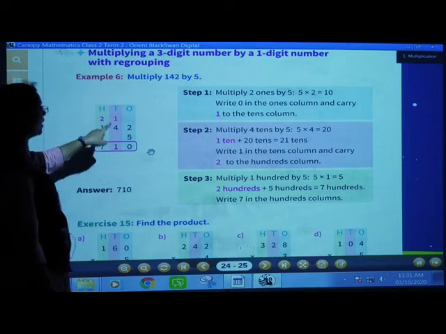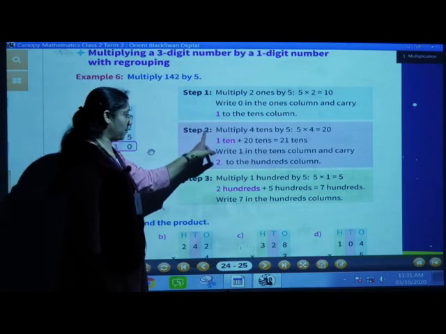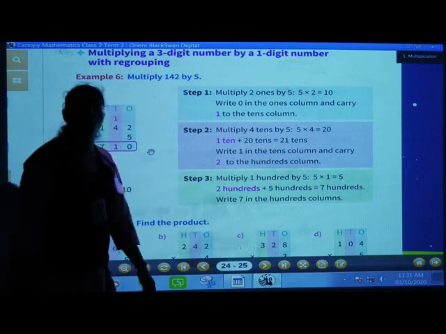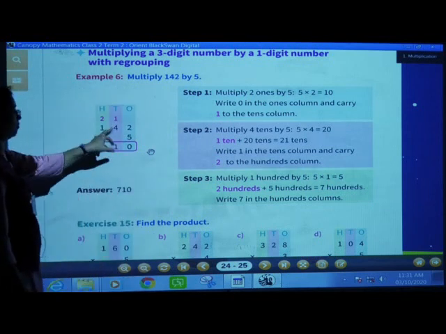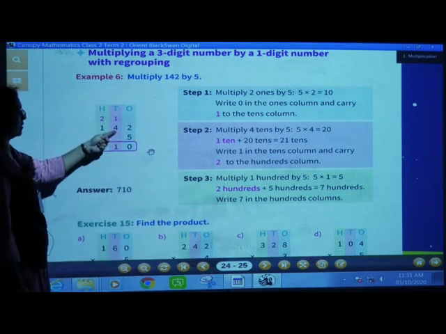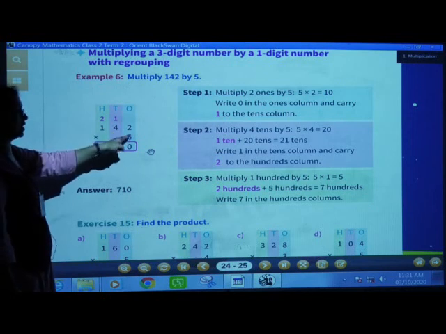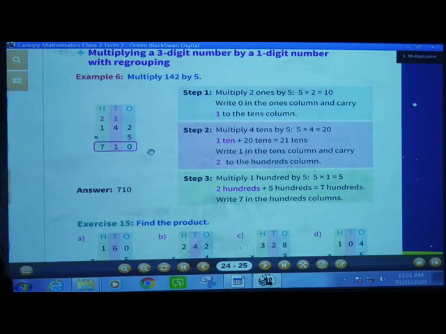Okay. Now next step, step number 2, multiply 4 tens by 5. Means 5 fours are how much?